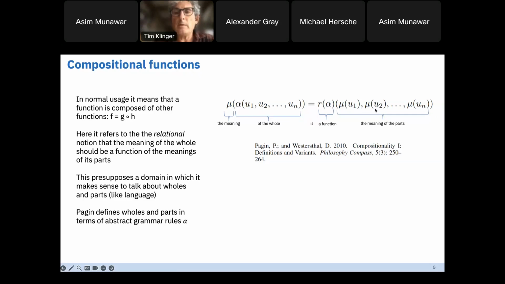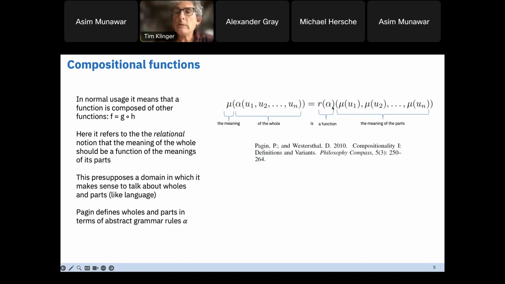The interesting thing here is the function part, this semantic function R of alpha. What you'll notice is that this is a function that depends just on the rule that you're using to make a whole from the parts. So R of alpha you can think of as a kind of module. It can be a different function for each rule alpha. And this is important.